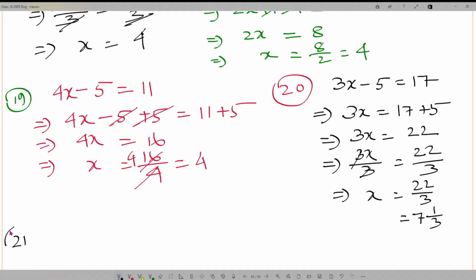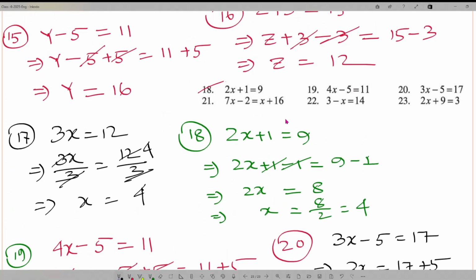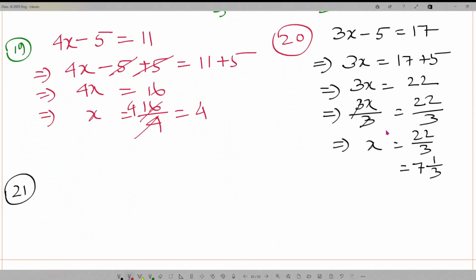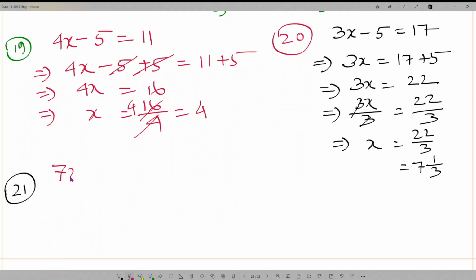Number 21. 7x minus 2 equals x plus 16. 7x minus 2 equals x plus 16. So variables we will make one side and constants will be the other side. So we can write 7x minus 2 plus 2, and this x will be on the left side, so minus x.